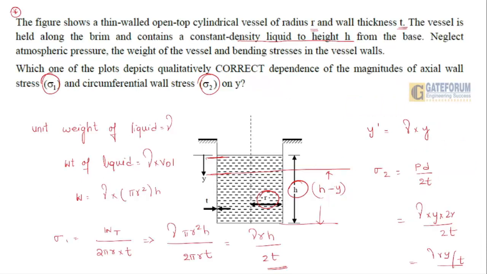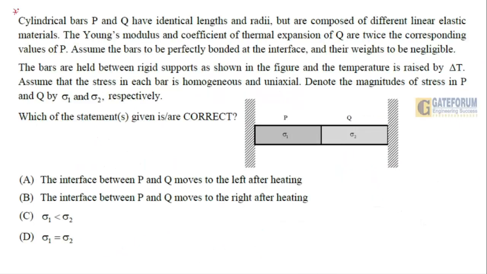Right? A bit of the applicative part and conceptual knowledge should be more for this kind of question. Moving on to the next question. Cylindrical bars P and Q have identical lengths and radius but are composed of different linear elastic materials.